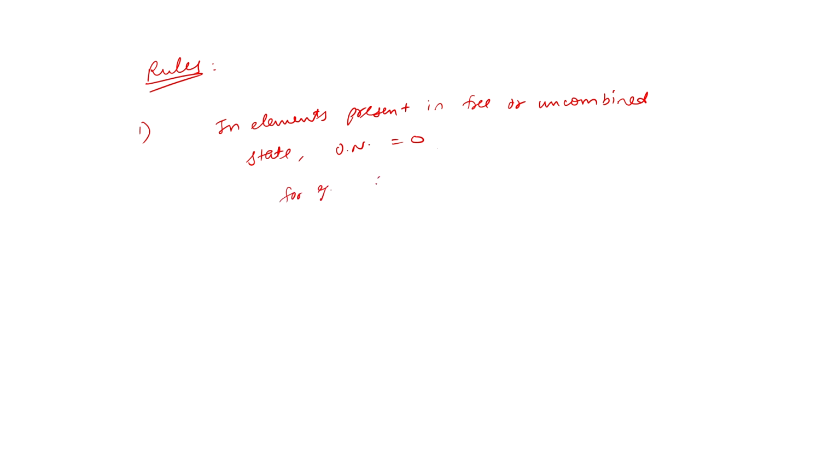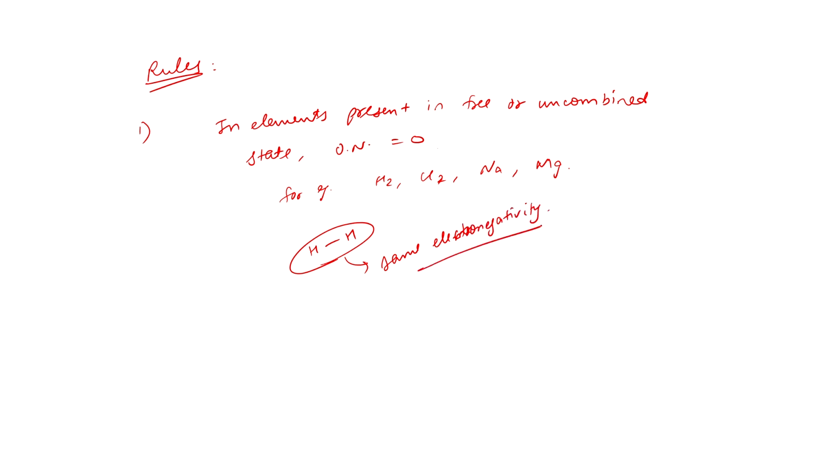For example, H2, Cl2, sodium, magnesium, all have an oxidation number of 0. Why is it so? Hydrogen is combined with another hydrogen, and both atoms have the same electronegativity. Oxidation number tells us about complete electron transfer from less electronegative to more electronegative.